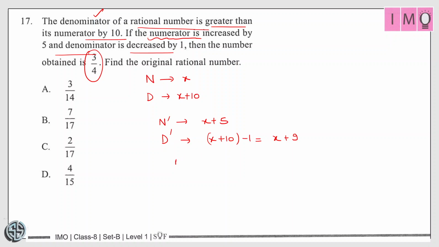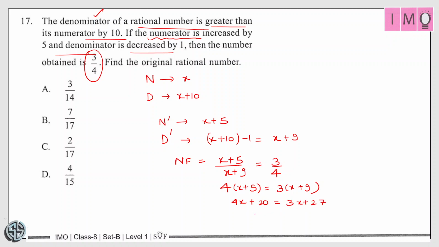So our new fraction will become new numerator upon new denominator, and it is said that it will become 3 upon 4. So when you solve, you cross multiply. So 4 into x plus 5 is equal to 3 into x plus 9. So you will get 4x plus 20 on one side, and the other side will become 3x plus 27.